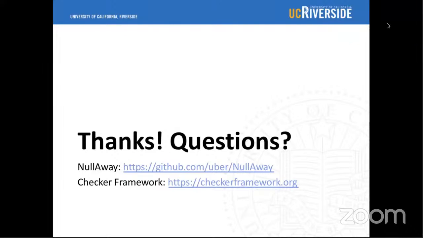Yeah, Manu, thanks for the excellent talk. I had maybe a thought or a point for discussion rather than a question. For the NullAway work, you had mentioned that the third-party libraries are considered optimistically. And I was wondering if we could use a big code approach here.